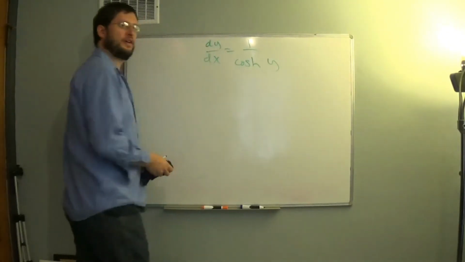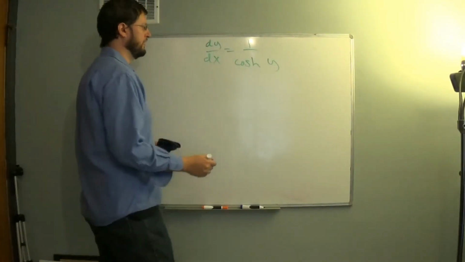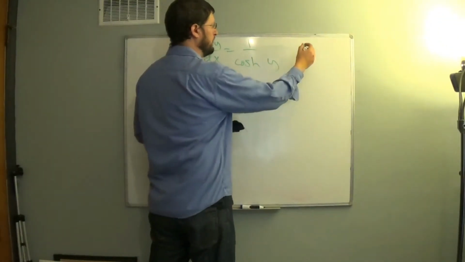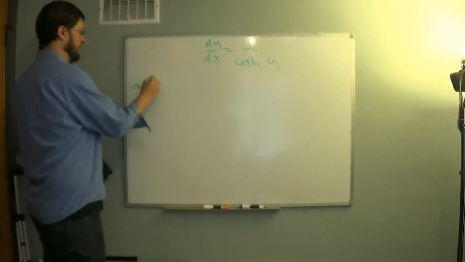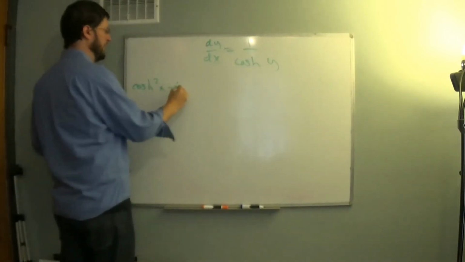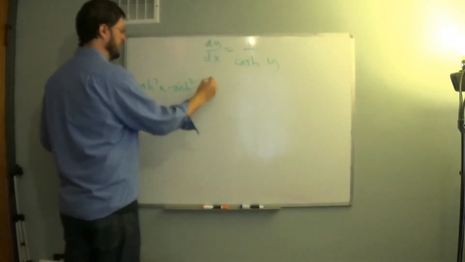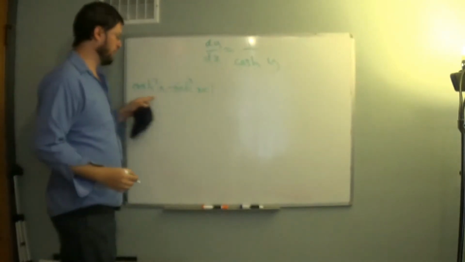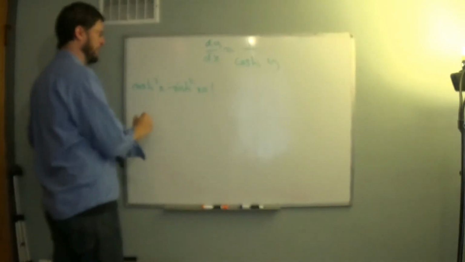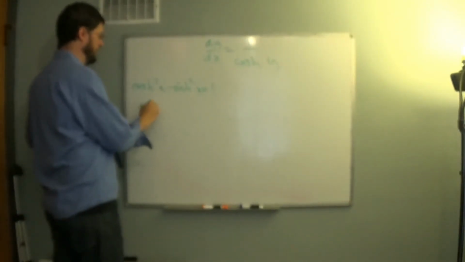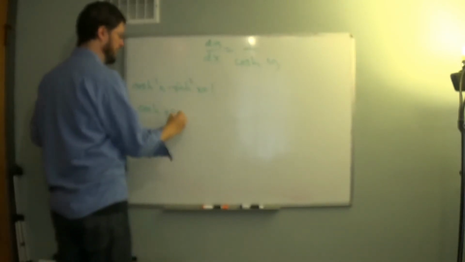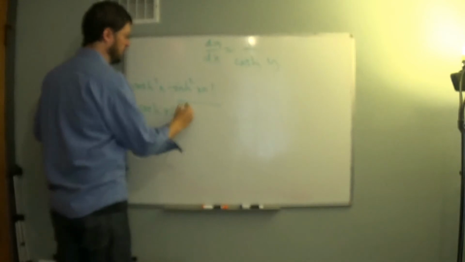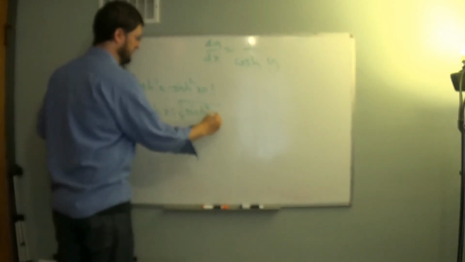Let's remember our fundamental hyperbolic function identity, which is that cosh squared x minus sinh squared x is equal to 1. Solving for cosh x, bringing the sinh squared over to the right-hand side and then taking the square root, I get cosh x is the square root of sinh squared x plus 1.